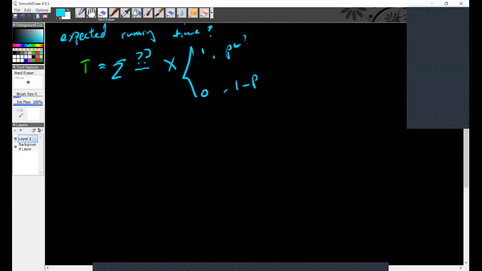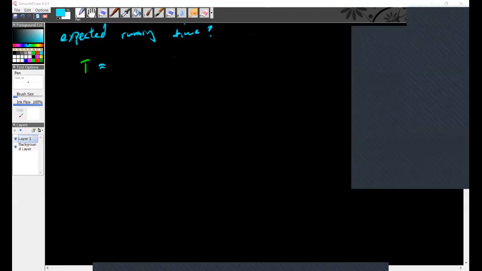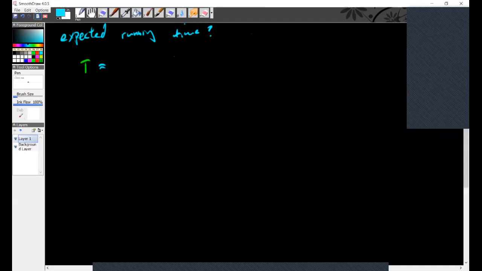Now at this point, if you're at this step, your thinking process should be asking yourself, okay, someone's told me that I should be using indicator random variables, and I want to make it a sum, and these indicator random variables should somehow talk about my running time. So we should ask ourselves, in quicksort, what should we look at that directly talks about the running time?